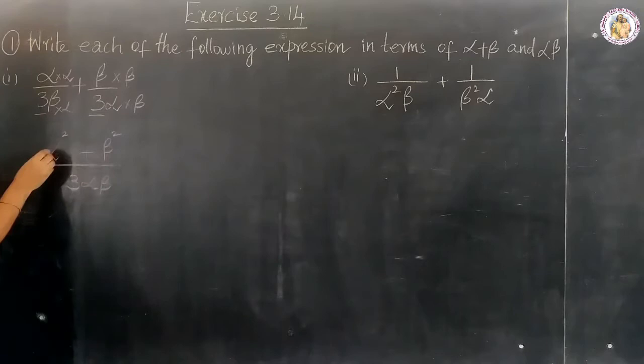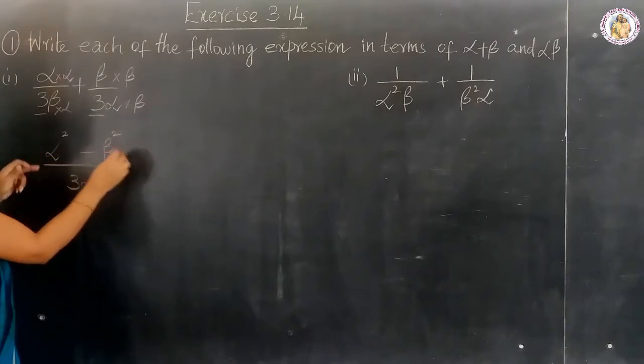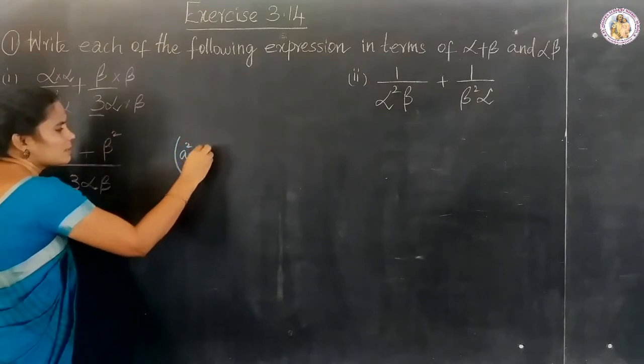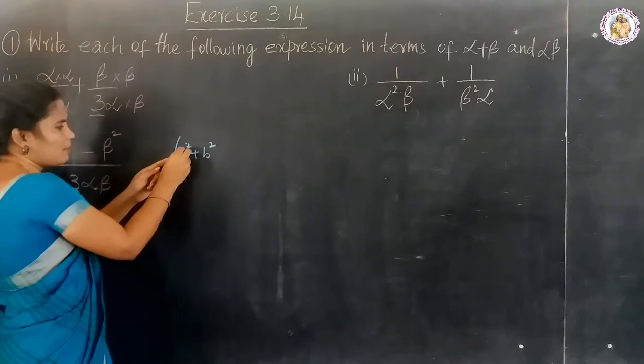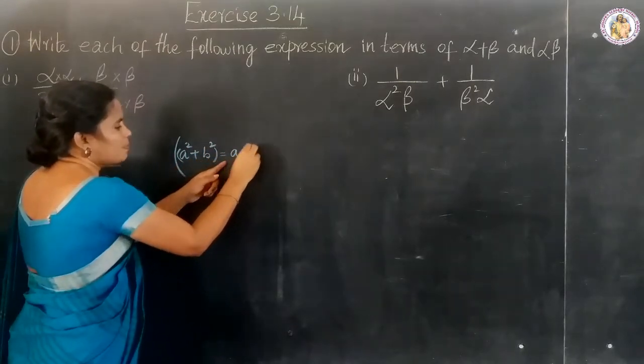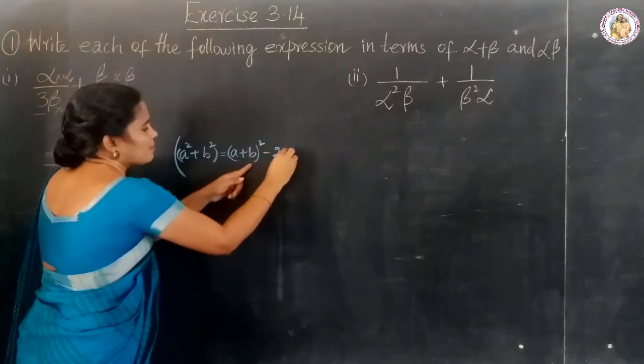Here now consider the identity of a square plus b square. A square plus b square is nothing but a plus b whole square minus 2ab.